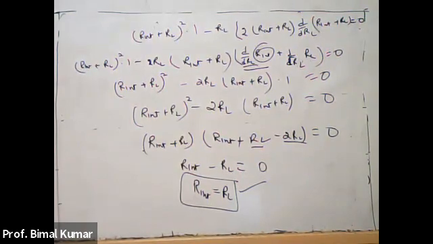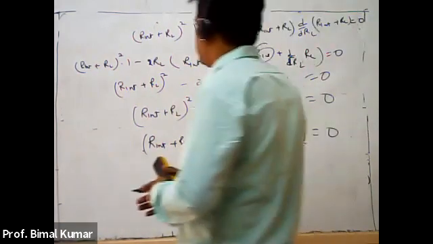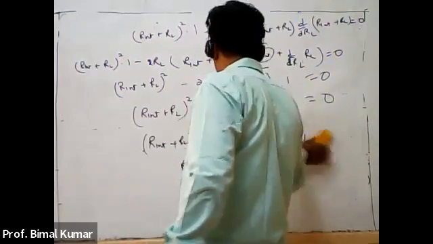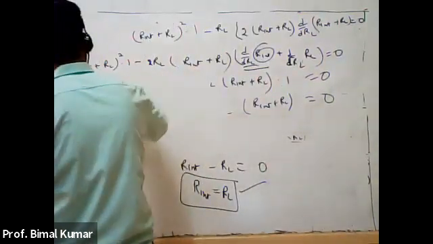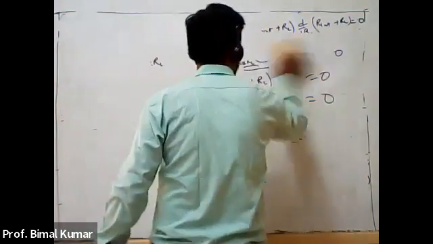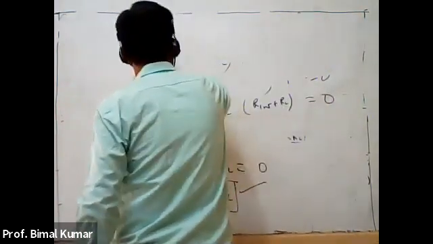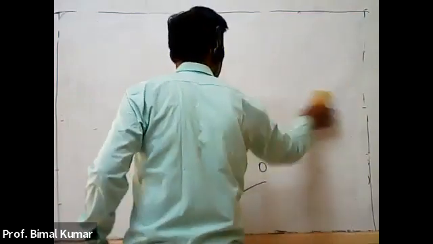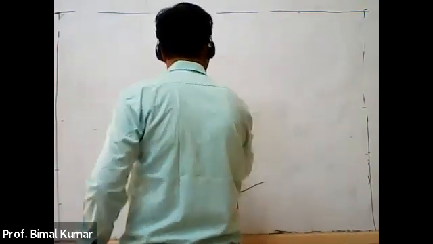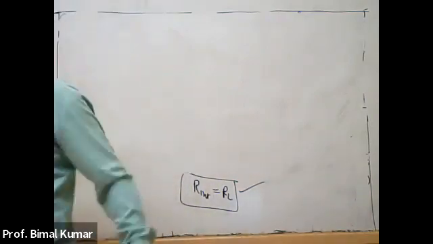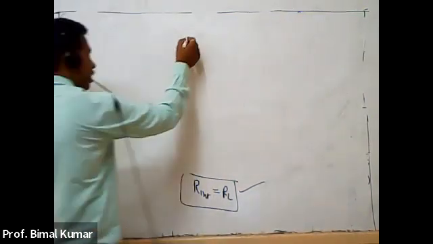Now next, I want to calculate the efficiency at the condition of maximum power transfer. What should be its efficiency, and what should be the amount of the maximum power transfer? So see here, what is the PL?